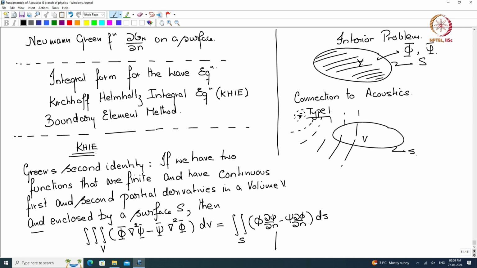And then there is another set of sources, okay, type 2, and let us say they are at the same frequency, okay.